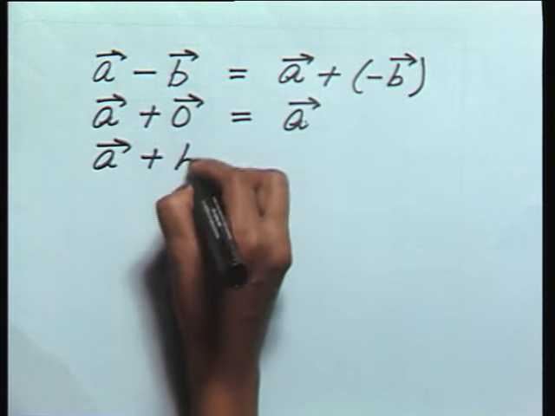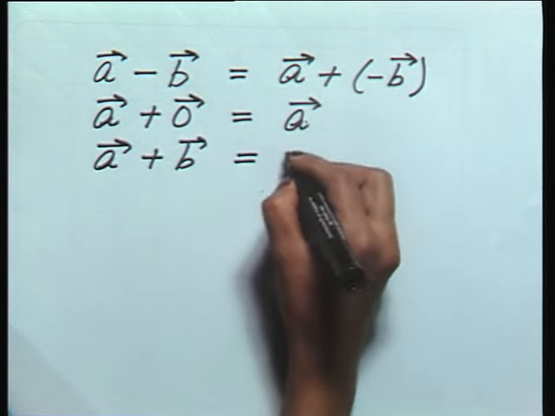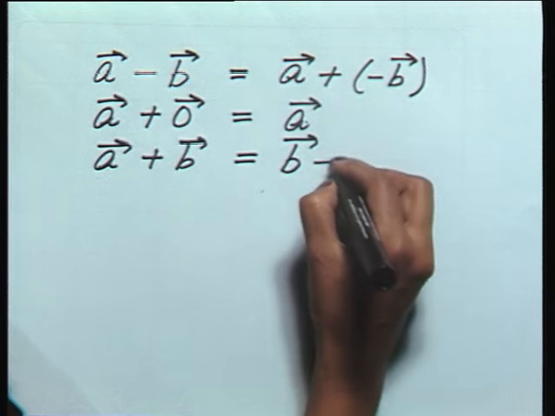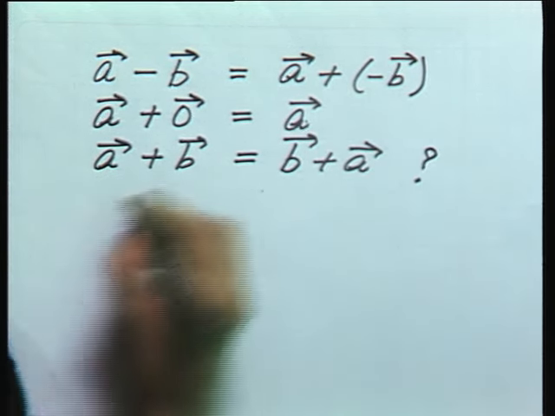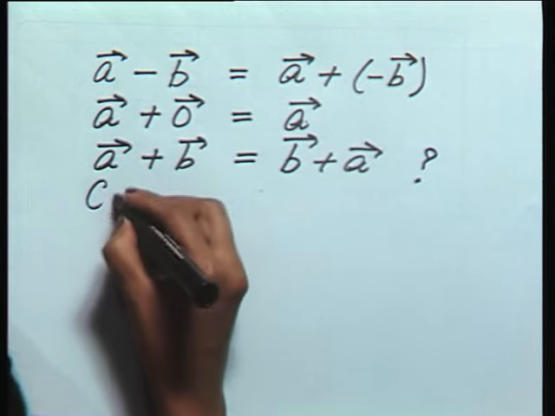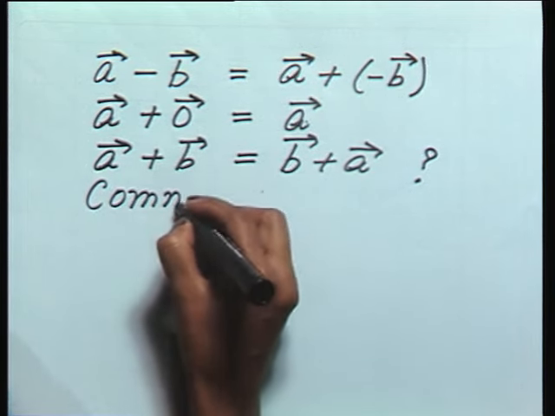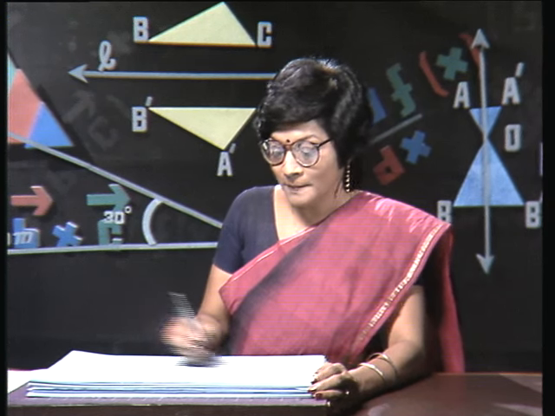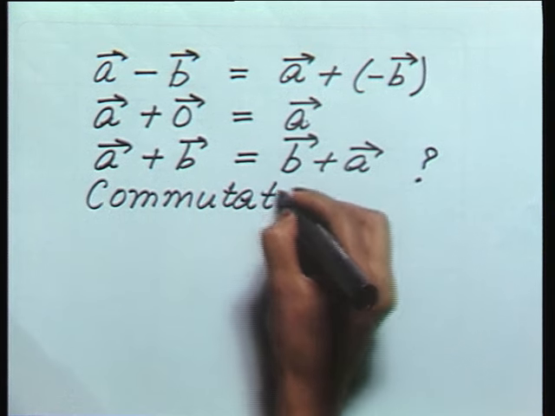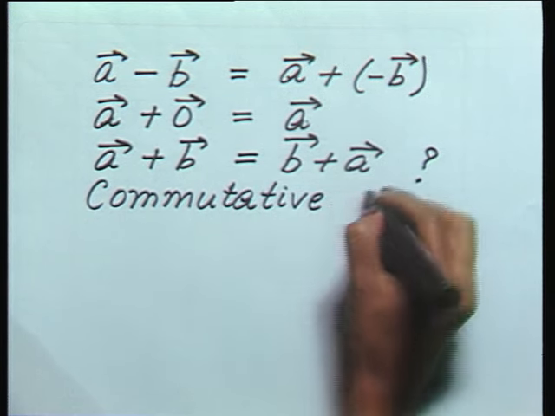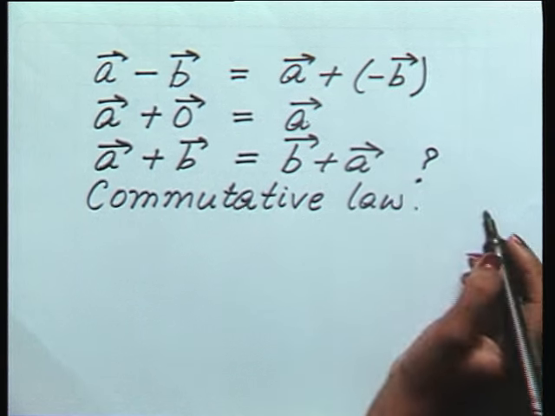Is this property true? A plus B is equal to B plus A. In other words, is vector addition commutative? That is the word used for this property. Let us examine.